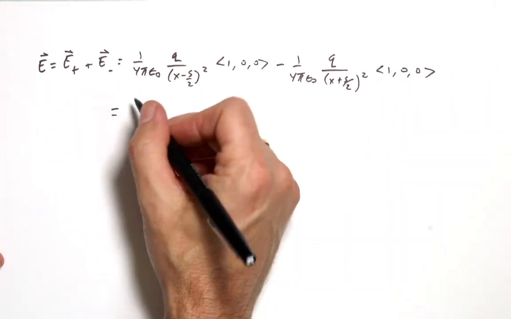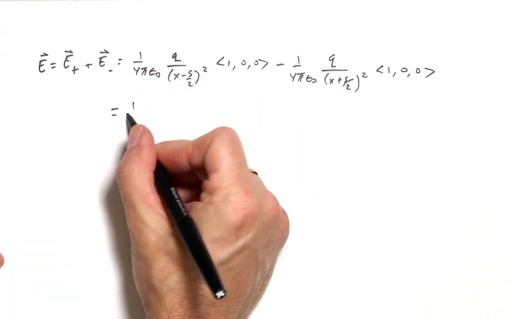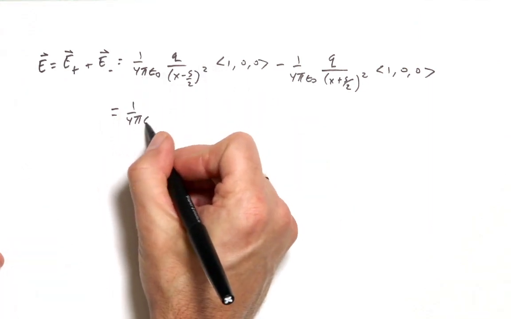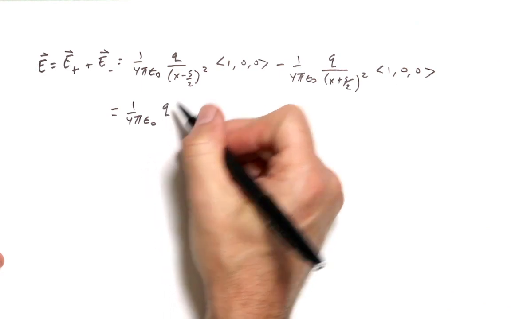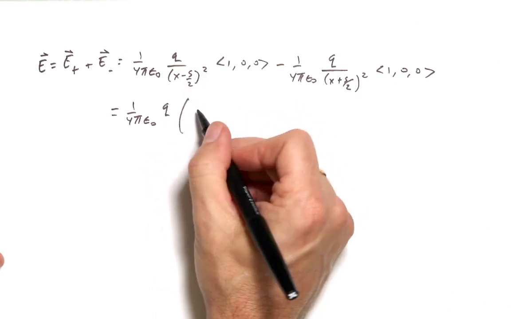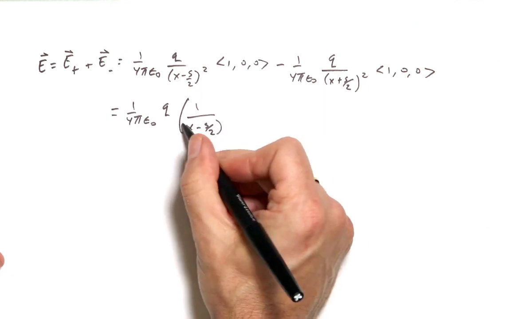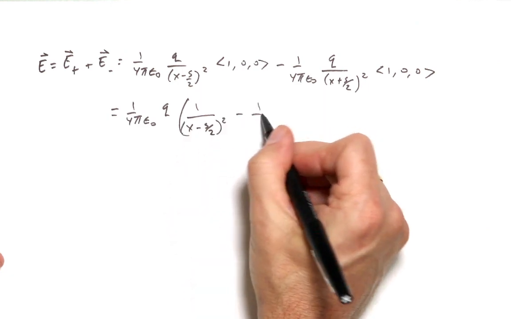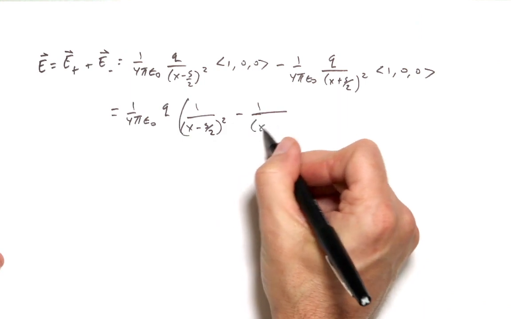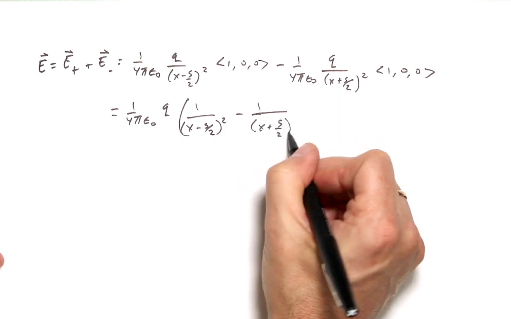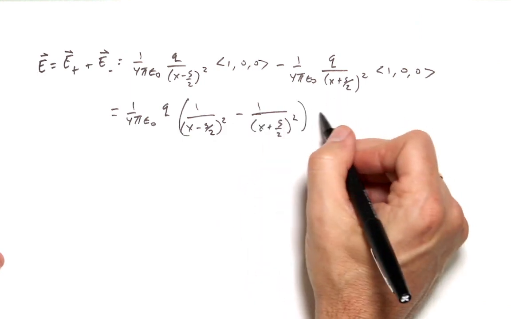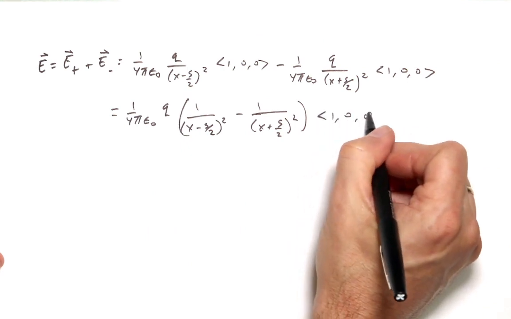We can simplify this. I can factor out the 1 over 4 pi epsilon naught Q, and then I have 1 over x minus s over 2 quantity squared minus 1 over x plus s over 2 squared, and then they have the same unit vector, 1, 0, 0.